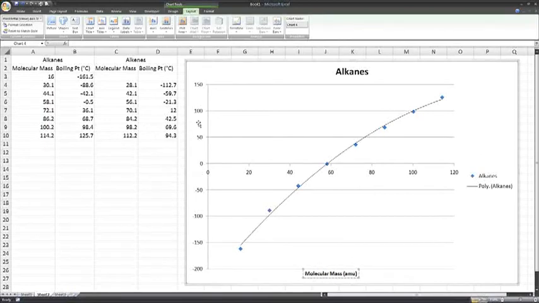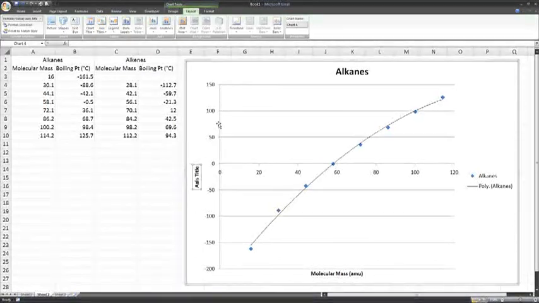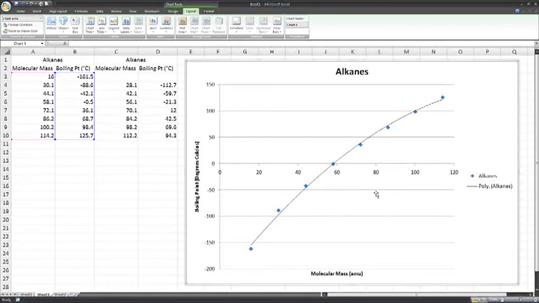That'll do. And on the vertical axis, I'll put in boiling point, and that's in degrees Celsius. Alright, so that's pretty good so far.